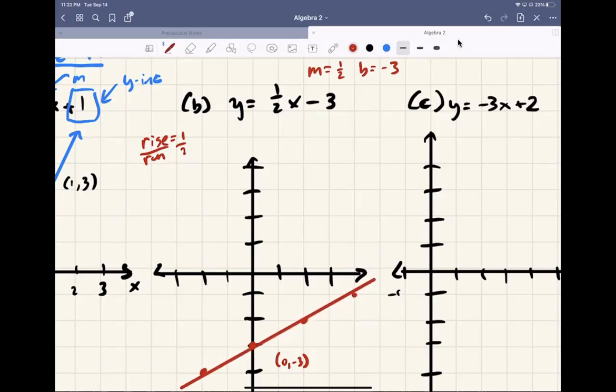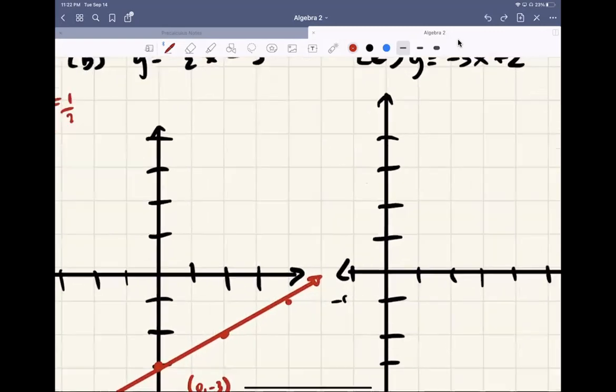And boom, just like that, that is our function. Okay, that's our graph. Keep in mind, our slope is positive, so we're gonna go up and to the right.